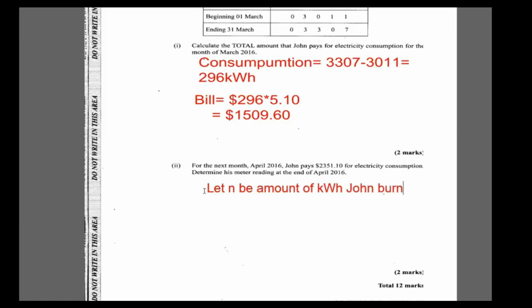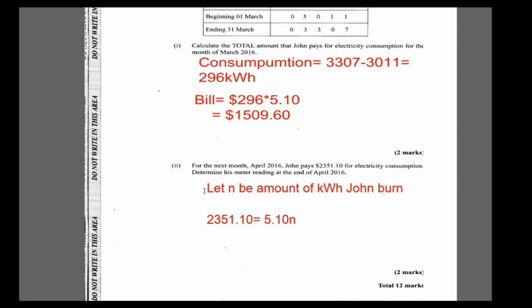And so the cost, which we know is 2,351.10, is equal to the cost per kilowatt, 5.10, times the amount of kilowatts he burned, which is N.